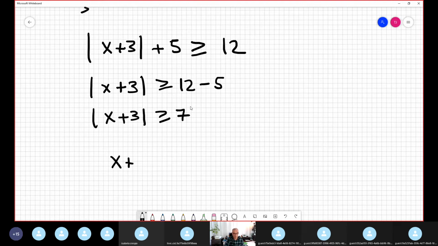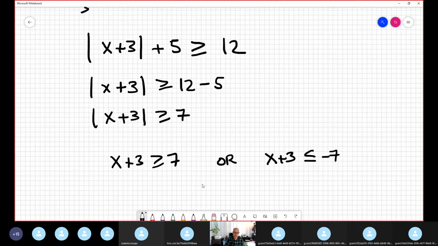Remove the bar, or two pieces. The only transformation I should do is remove the bar, keep this the same, but reverse this and put negative 7. So the right-hand side is positive and negative, and the opposite sign.